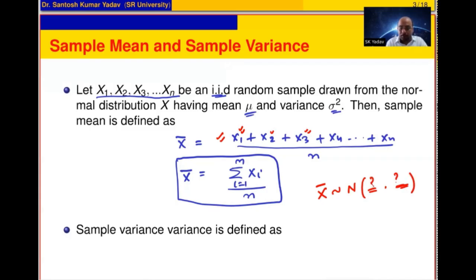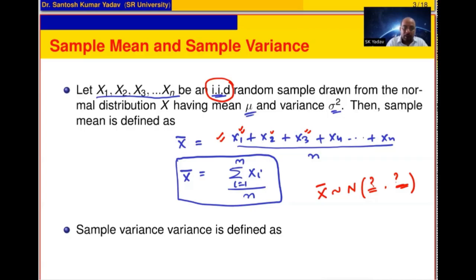This IID is a very meaningful word here. Its full form is independent and identically distributed. This means that whenever we are drawing a sample from a normal population, each sample unit will have the same distribution as the population.